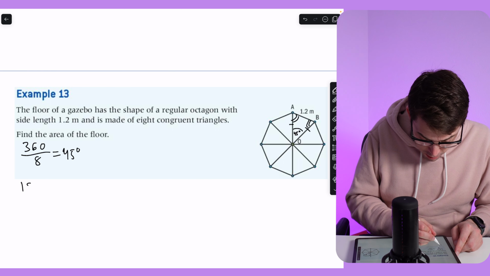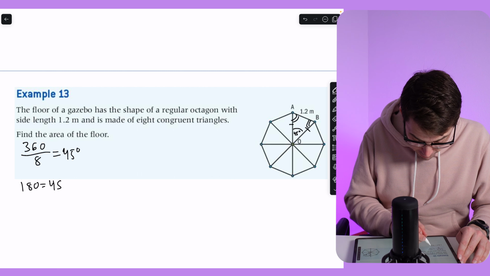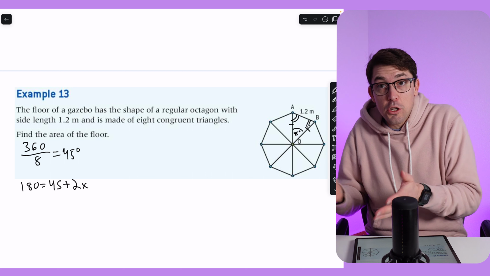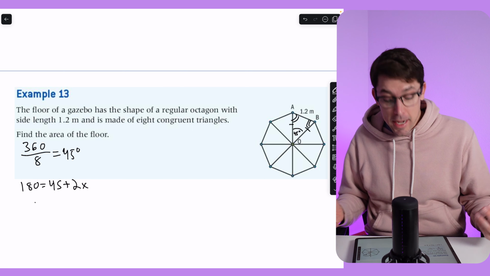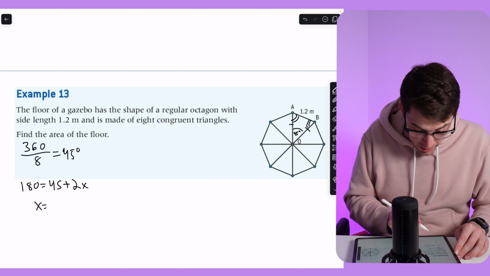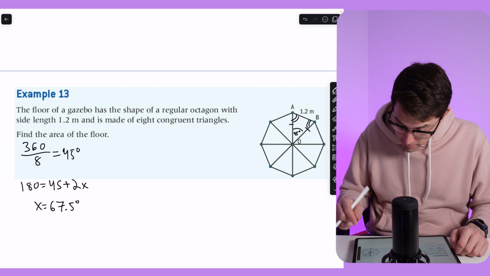So if 180 degrees is the sum of all interior angles, I know that one of them is 45, and whatever this angle is, if I multiply by 2 because there's 2 of them, this has to equal 180. So what I get at the very end is that this angle x, I'll call it x, doesn't matter what you call it, is going to be 67.5 degrees.